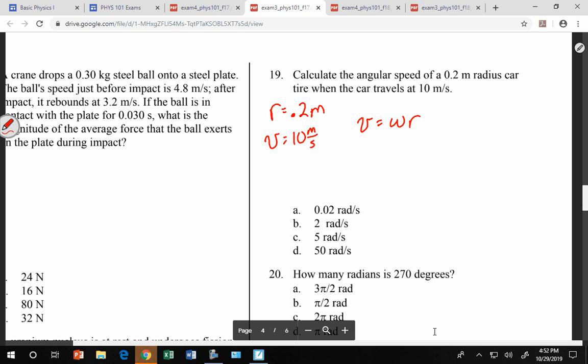But in fact, I'm looking for omega, so I don't have to do any unit conversions. So omega is equal to v divided by R. That's 10 over 0.2, or 50 radians per second. Checking my units here, it is in radians, and that's what it should be in. So D is the right answer.